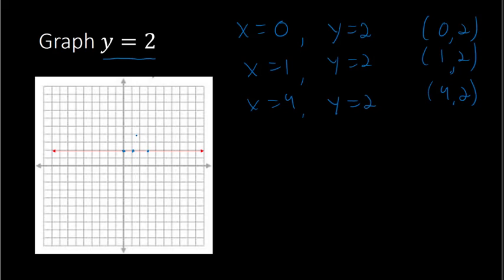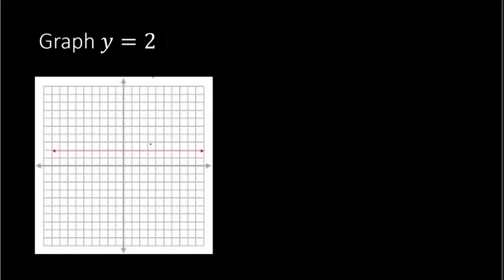So y is 2 no matter what, and this is my graph. So if y is negative 1, it doesn't matter what x is, y will always be negative 1. So it's going to be a horizontal line like this here at negative 1, because on this line, y is always negative 1. X can be anything. Y will still be negative 1 on this line.